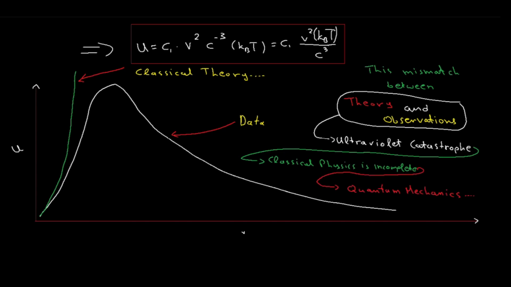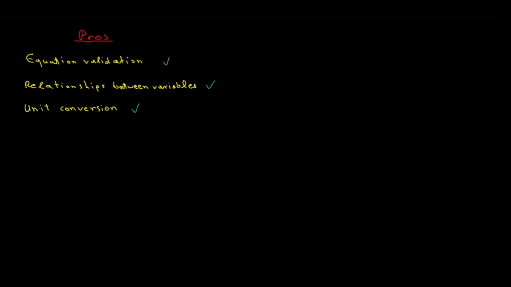So that was it. To recap, we have seen the basics of the mathematical method of dimensional analysis. Here are some pros and cons of the method. Dimensional analysis is excellent for equation validation, quickly estimating relationships between variables of complex physical phenomena, and also allows for conversion between units. Dimensional analysis, however, is not going to provide dimensionless constants.